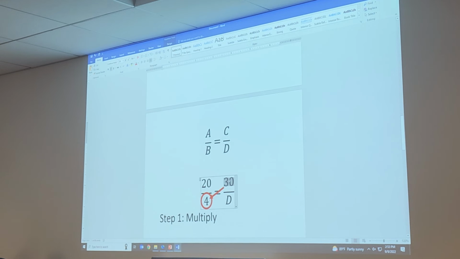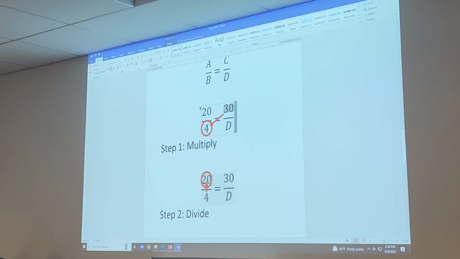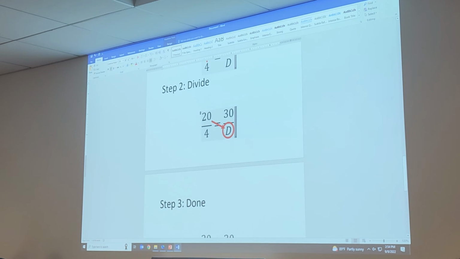And you're going to go across diagonally and multiply. 30 times 4 is 120. Good. From there, you go straight up and down, and you divide by that number. So, 120 divided by 20 is 6. And then, you're done. That is equal to D.